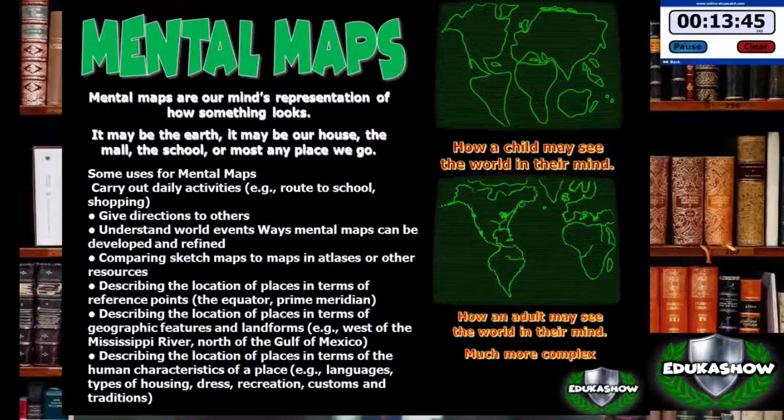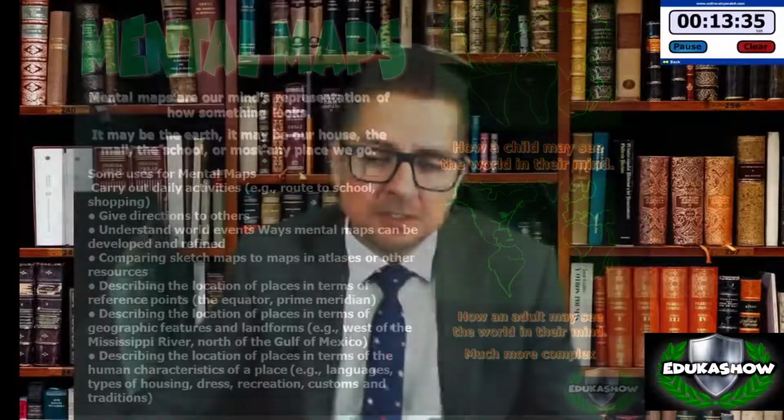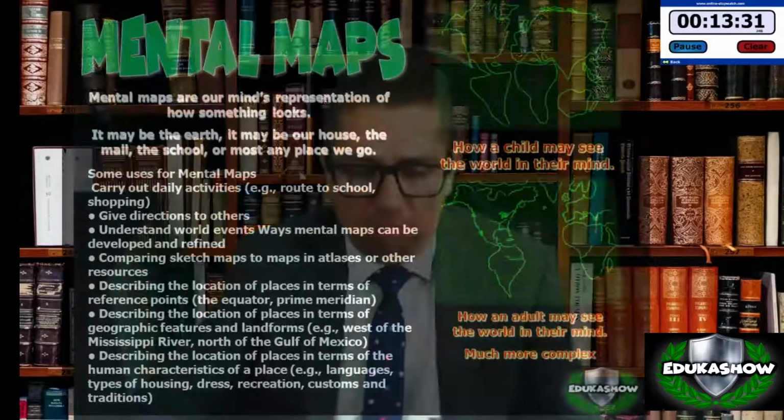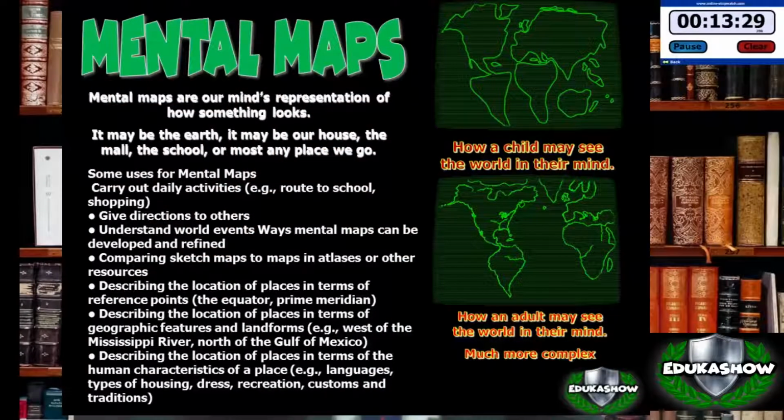So if you look at the images or the diagrams shown in this slide, at the top you're going to find how a child may see the world in their mind, right? And at the bottom, you're going to find another map that shows how an adult may see the world in their mind.